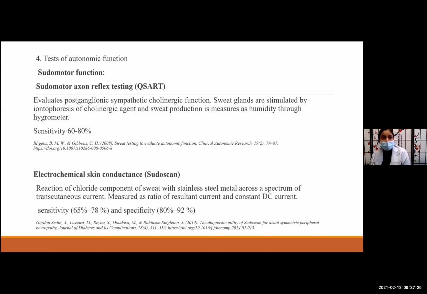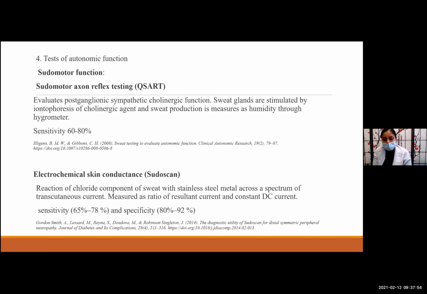And then there are tests for autonomic function, pseudomotor function, your quantitative pseudomotor axon reflex testing, QSART. This is the clinically most available test, and it's widely available. What it does is evaluate your sympathetic cholinergic function, and they use iontophoresis.